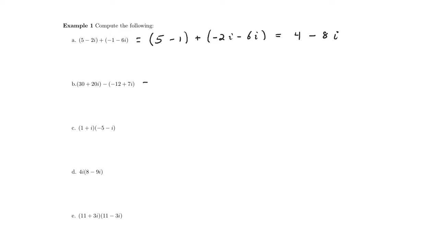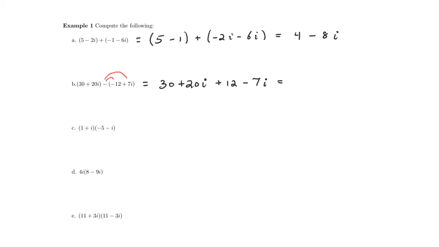And with subtraction, it's an almost identical concept, except we're going to distribute this negative into the parentheses, and both those terms will switch signs. So here we have 30 plus 20i, but we're going to have plus 12 and minus 7i.